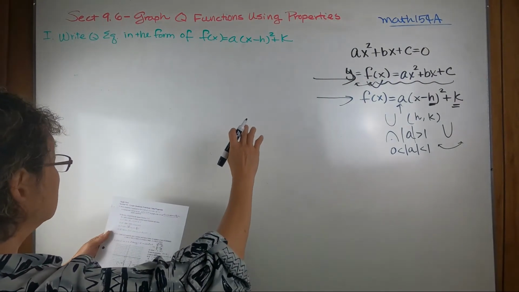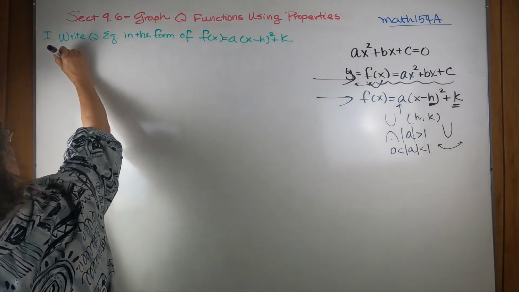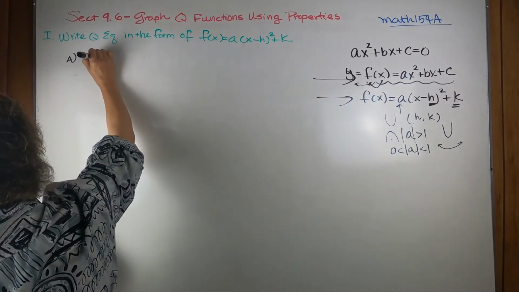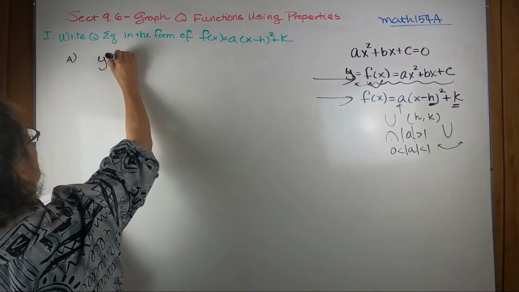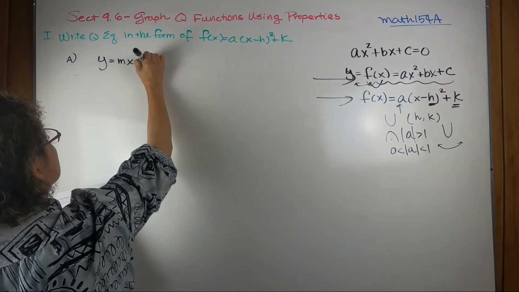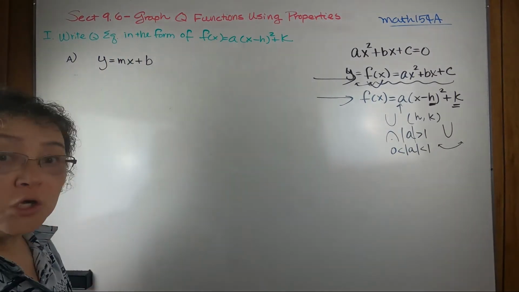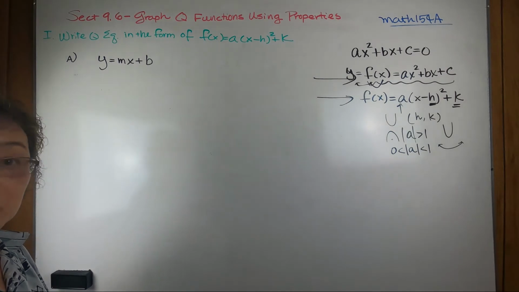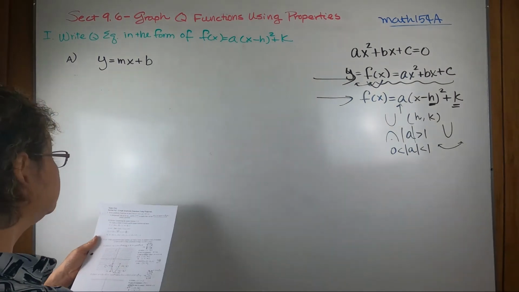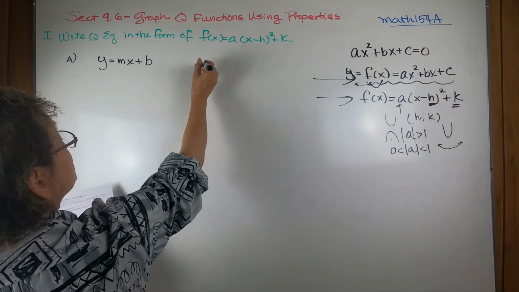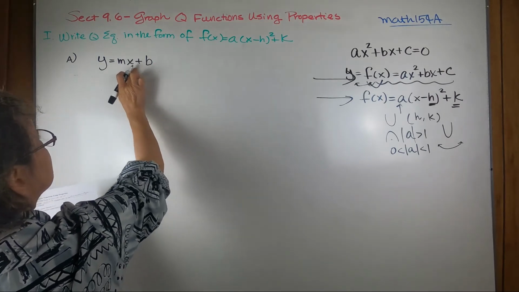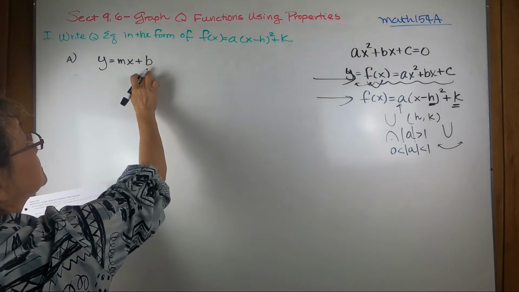We learned this one before. If it's linear, we use y equals mx plus b, the slope-intercept form, right? Now we are using the first degree polynomial function.